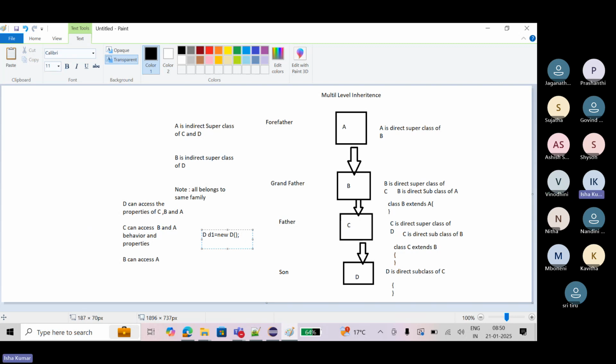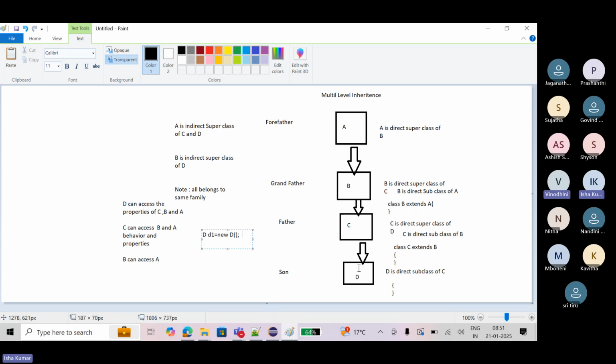Understood my point or not? Yes, sir. Using the child, we will create the latest child object, and through that we can access the properties and behavior of C, B, and A along with D. See, can I access my own properties and behavior or not?